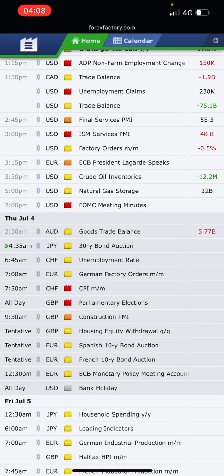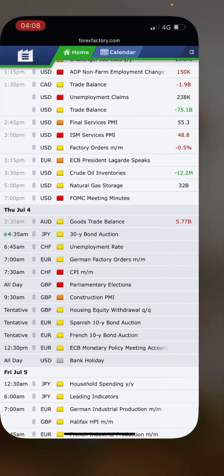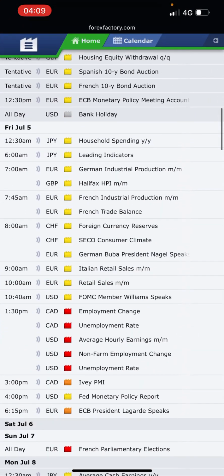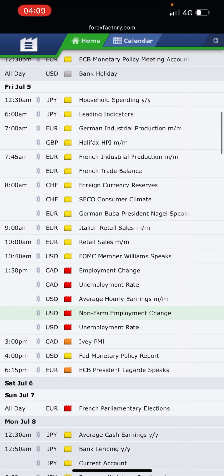USD bank holiday. So whenever there is a bank holiday in the United States, the stock index markets are closed. So that means on the Friday, we got employment change, unemployment rates, average hourly earnings, non-farm employment change, unemployment rate.